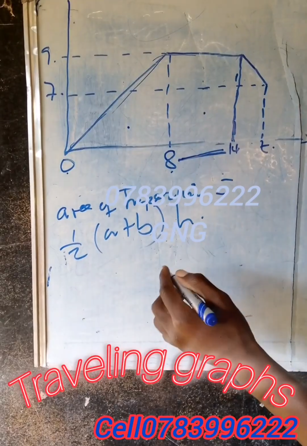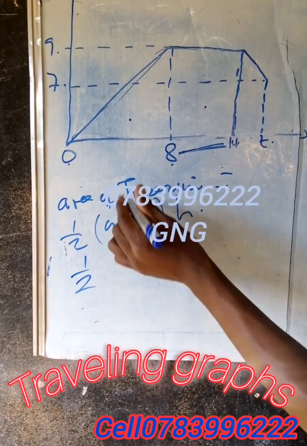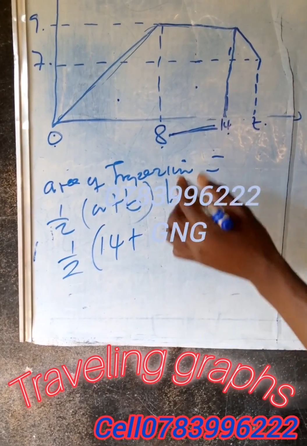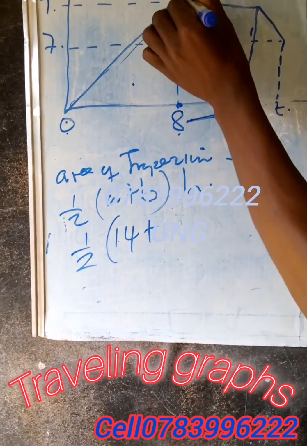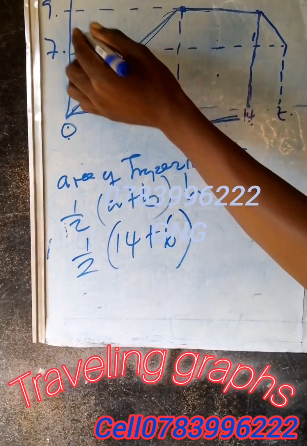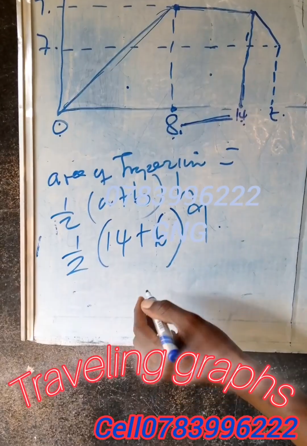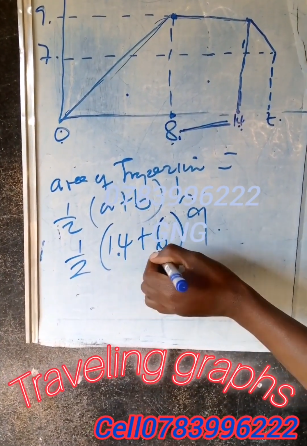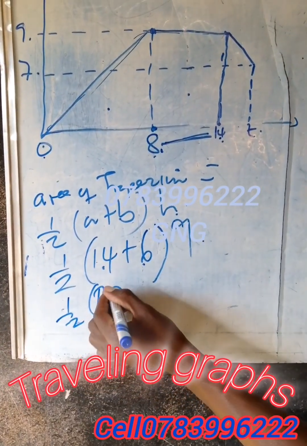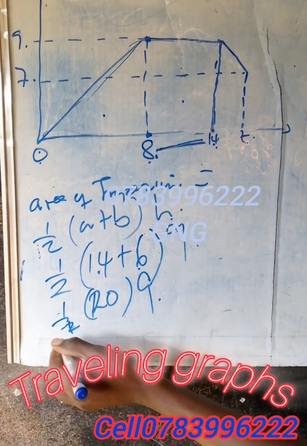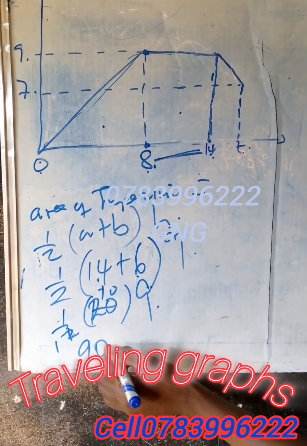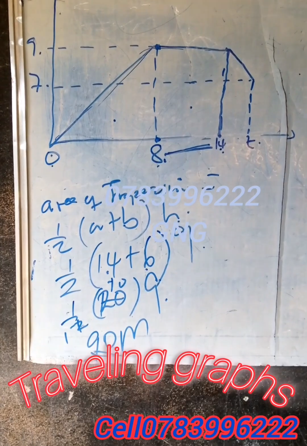Now, half a, I may take from 0 to 14, half 14 plus b, the distance between these two parallel lines, which is 14 minus 8, that is 6, times my height, which is 9. So here, I will say 14 plus 6. This is the easiest. So it's half 20 times 9. So 2 into 2, 1, 2 into 20 is 10. 10 times 9, then I get 90 meters, which is the same.